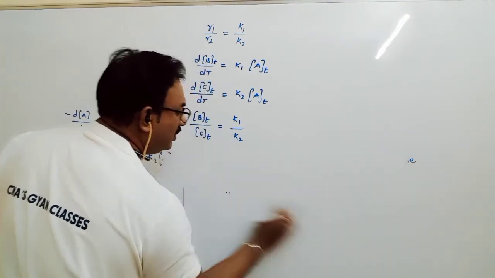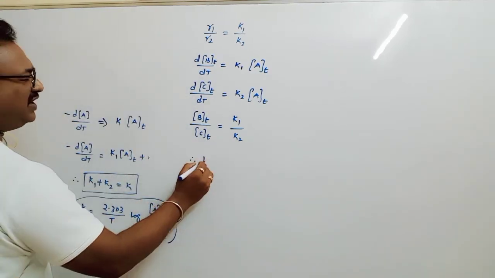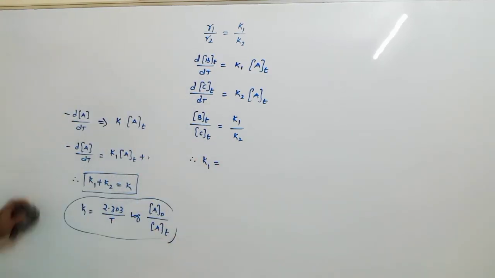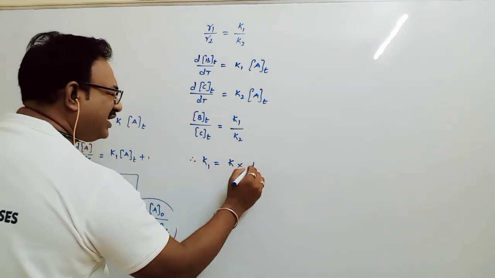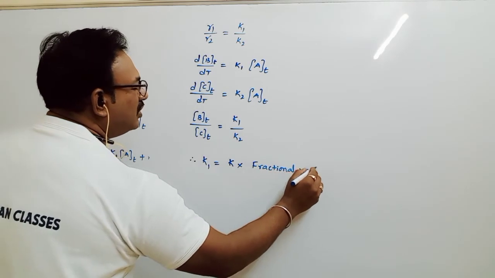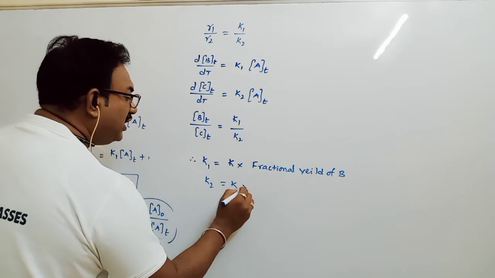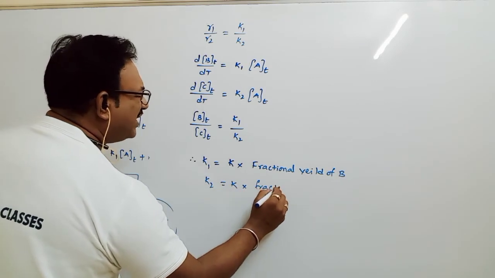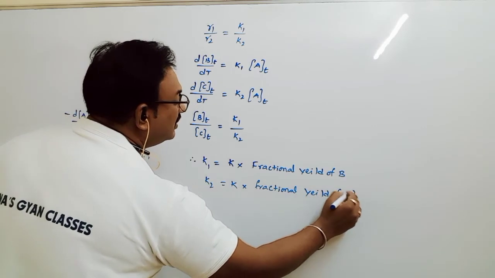Therefore the final expression: K1 is equal to K, the overall rate constant, into the fractional yield of B, and K2 is equal to K into the fractional yield of C.